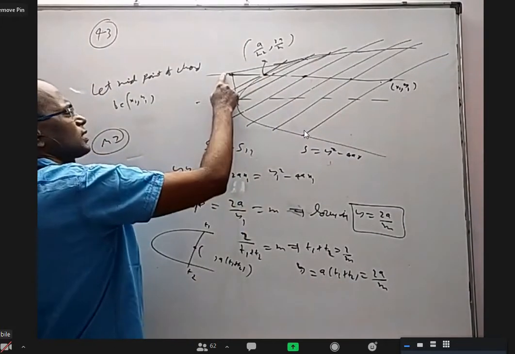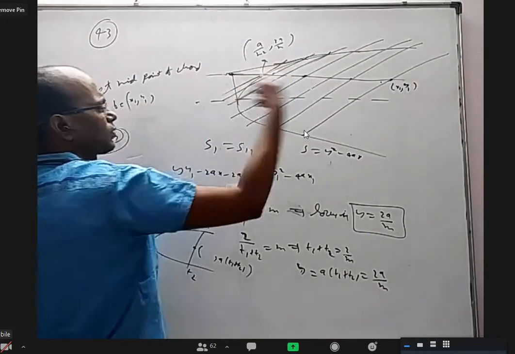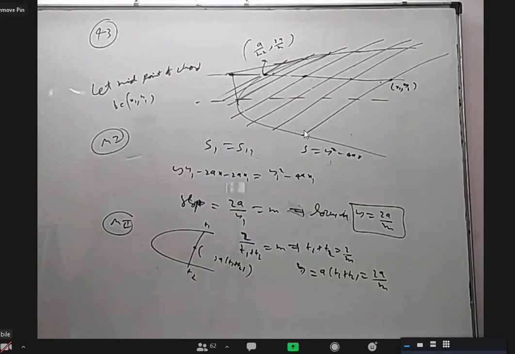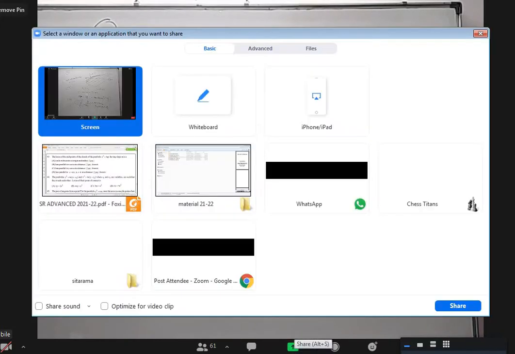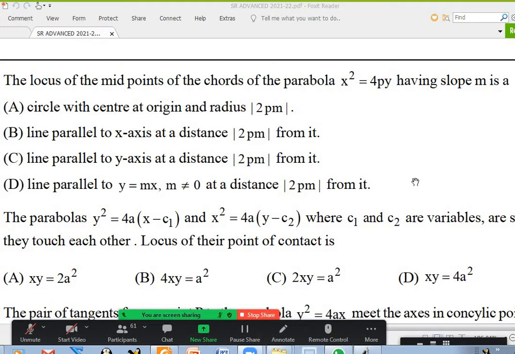If you go outside that line and draw 2 tangents, the chord of contact also has a similar property. Is it okay? 43?